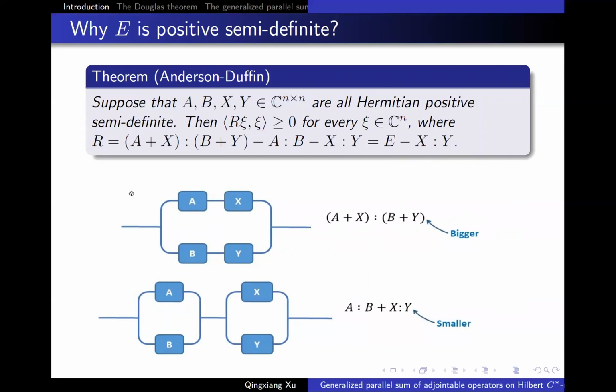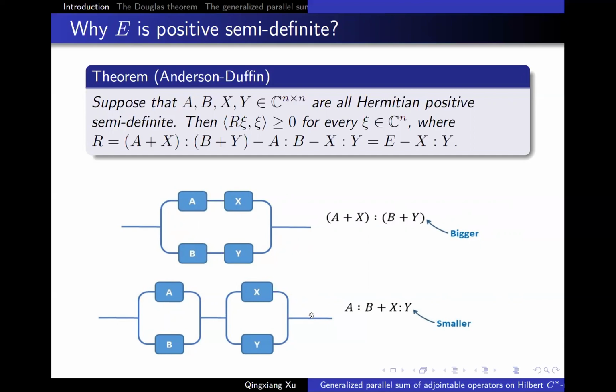An explanation of this theorem can be given with these diagrams. There are 4 resistors. They are connected in different ways. In the first diagram, they are connected first in series, then in parallel.